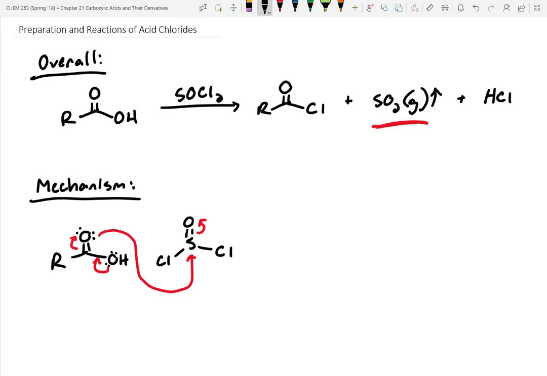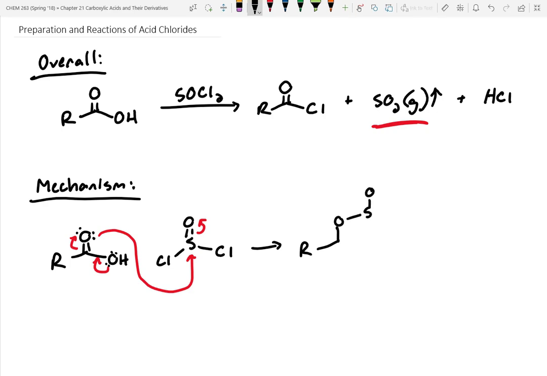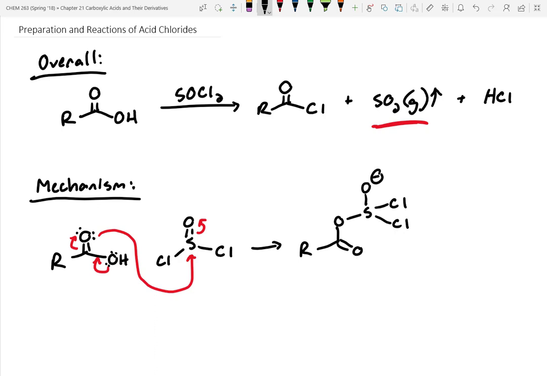So you've got a big series of electron moves. Now we've got this intermediate. It's highly charged. Looks like this.